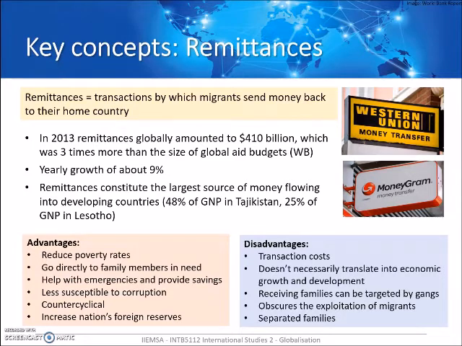Sometimes it can be the case that receiving families can be targeted by gang violence because communities know that this family has family members abroad that are able to send money home. And then also it can sort of obscure the exploitation of migrants and the fact that behind migration there's usually separated families, right? Which is the dark side of migration.